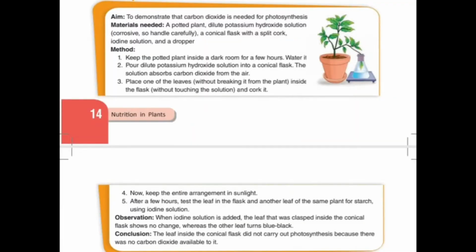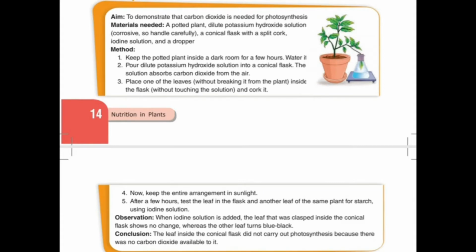Now proceeding with the lesson, you have an activity given in your ebook. Just look into it. The activity talks about the necessity of carbon dioxide for plants to prepare starch. Okay, in that you will find that there are two chemicals mentioned.